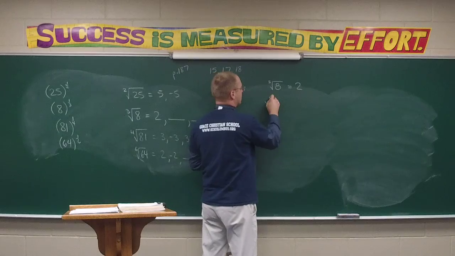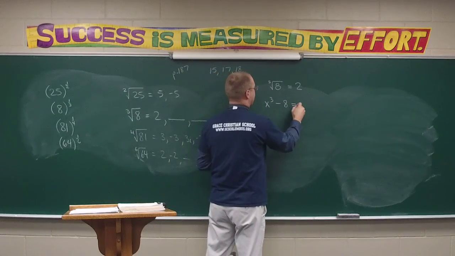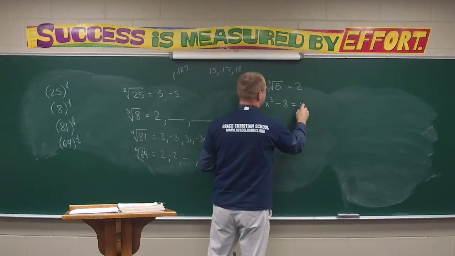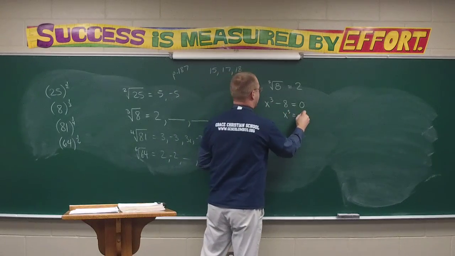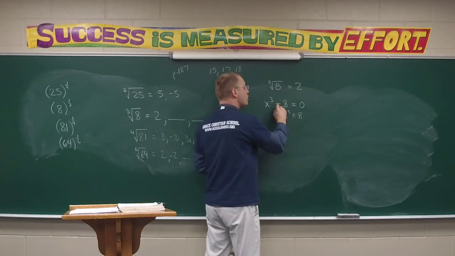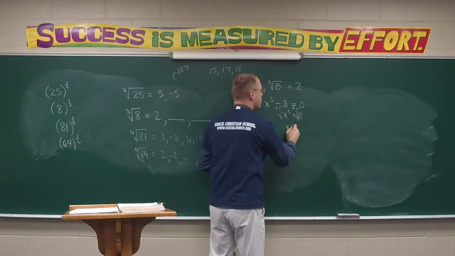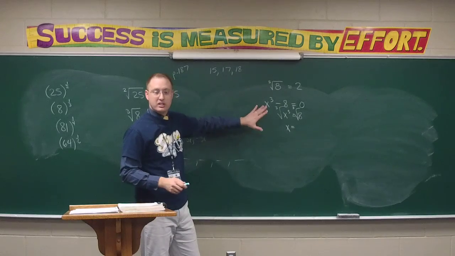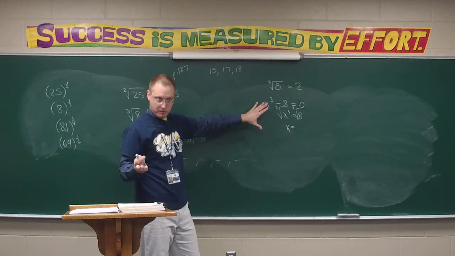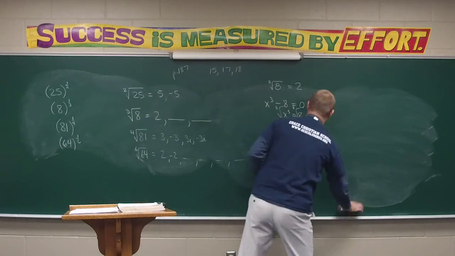But if you had, for instance, x cubed minus 8 is equal to 0, and you sent the 8 over to the other side as a positive, and you took the cube root, you are expected to provide 3 answers because it's a cubic equation. This is the time where you would need to be able to use this. Make sense? All right, so let's take the 3 cube roots of 8.